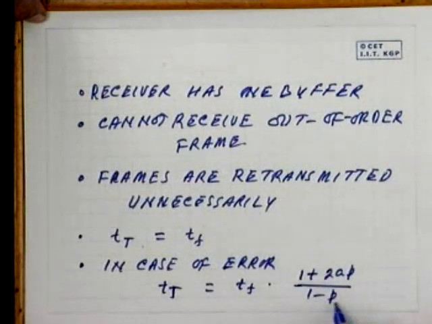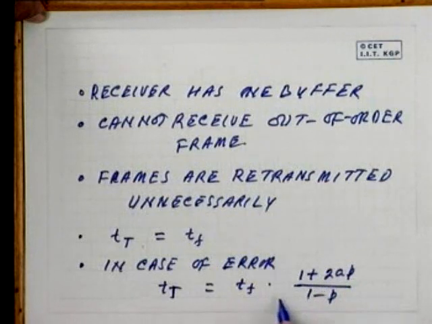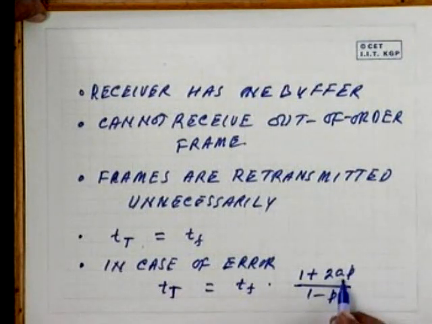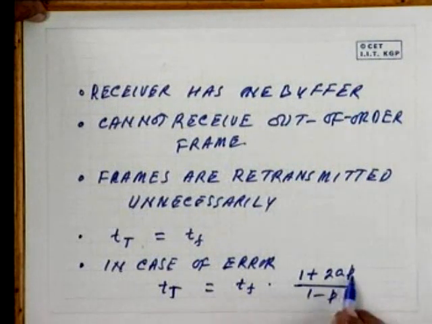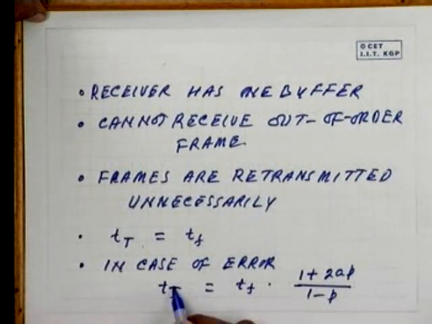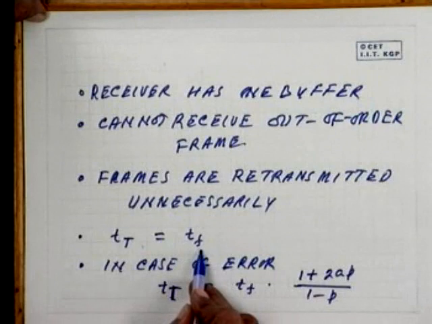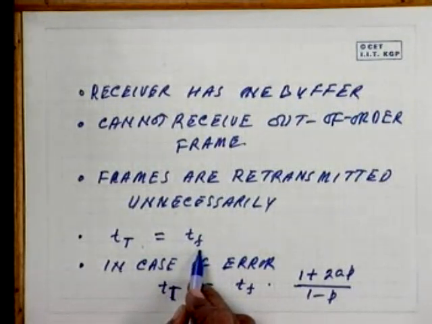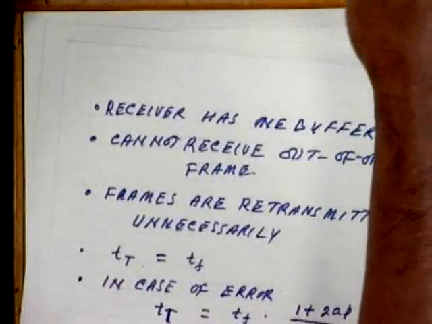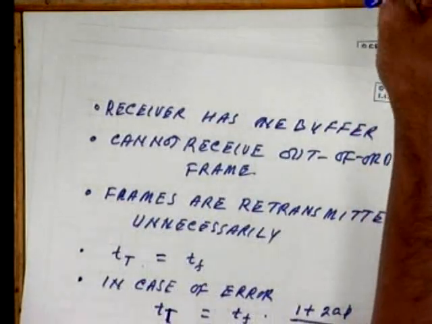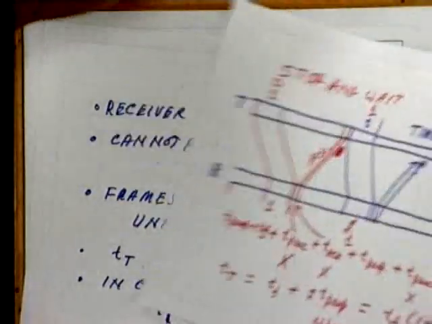This particular part is multiplied with TF, and this value will be more than 1 because this 2A into P, although it is small, makes the overall value more than 1. As a result, it will take a little longer time than the previous case when there is no error. But still, it is much better than the previous case of stop and wait ARQ.